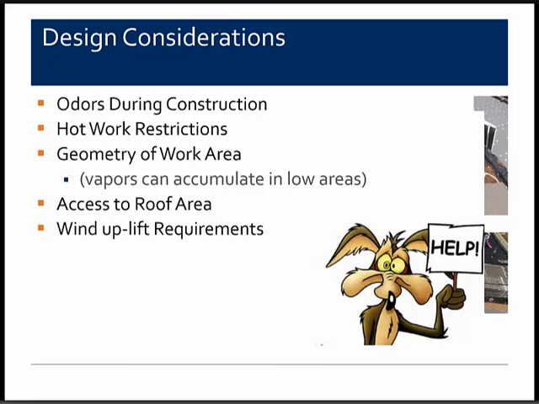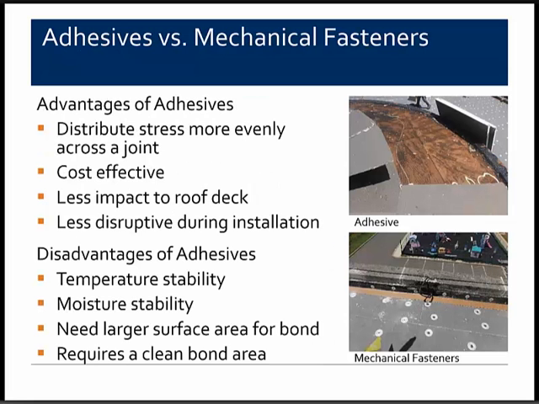All right, well that will lead us traditionally down the path to, well, do we want to use adhesives or mechanical fasteners, particularly as we're looking for attachment of the insulation boards to our roof deck. And some of the advantages of using an adhesive is that they will distribute the stress more evenly across the joints. So you're not relying on spot fasteners. You're distributing that load a little more evenly. Can be cost effective.